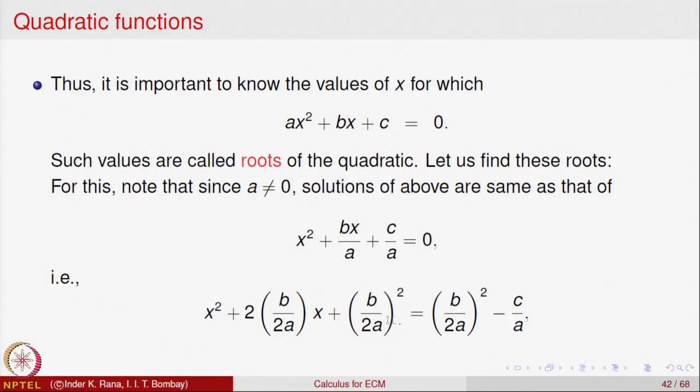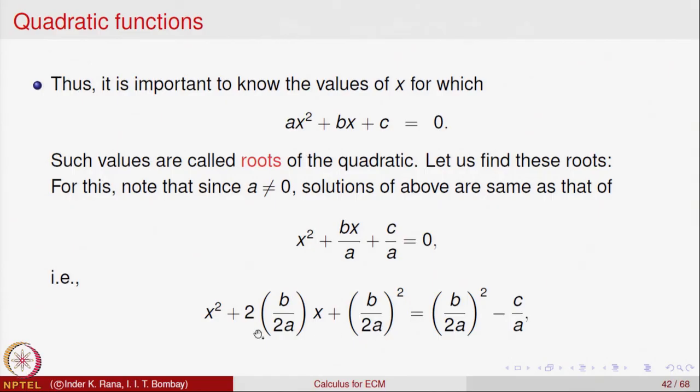When you add it on this side, this becomes the equation on the left side. On the right hand side, you have added (b/2a)², and c/a we have taken to the other side, so that is minus c/a. So we get x² + 2(b/2a)x + (b/2a)² equal to a constant on the right hand side.